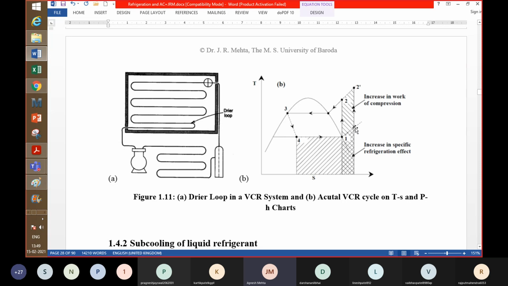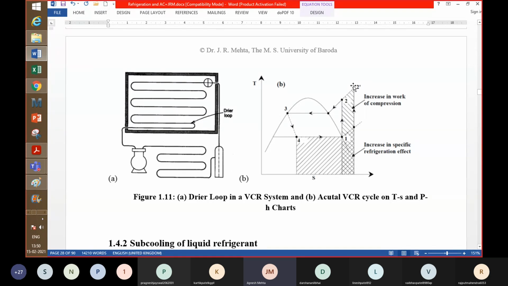Then I'm saying that if I compress it now, it's going to consume more work per kg of the refrigerant circulated. So the cooling effect in kilojoule per kg is also higher, and the compressor work in kilojoule per kg is also higher. Now what is your COP formula?